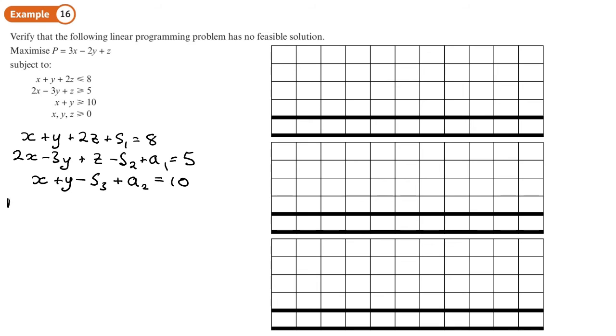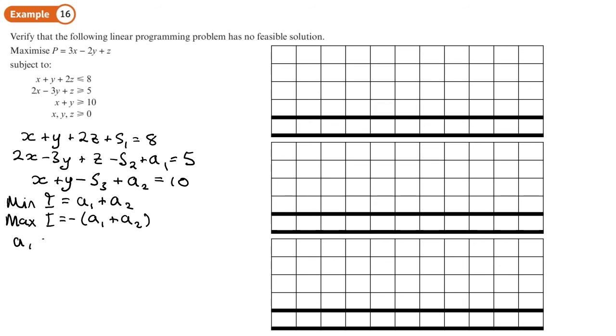Now we need to minimize the sum of the artificial variables, which is the same as maximizing the sum of the negative artificial variables. So now we will take these equations here, well, it's going to be these two, and make a1 and a2 the subject.